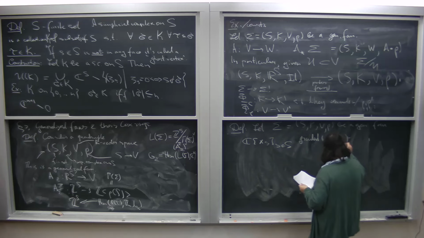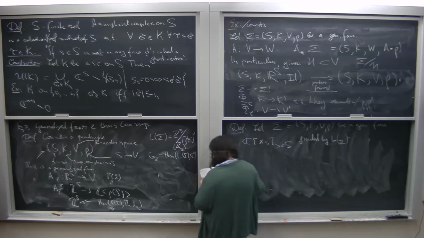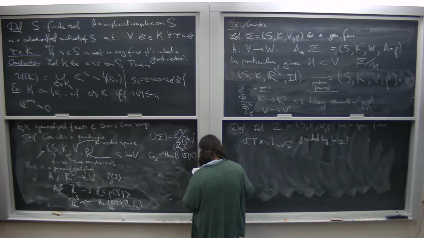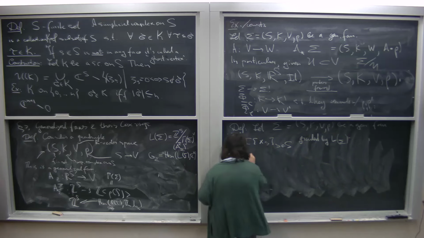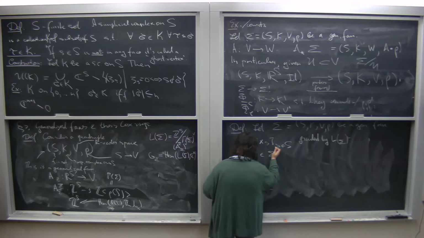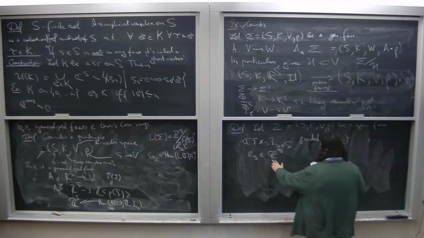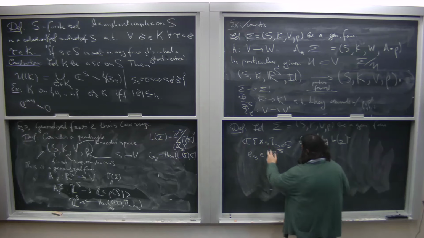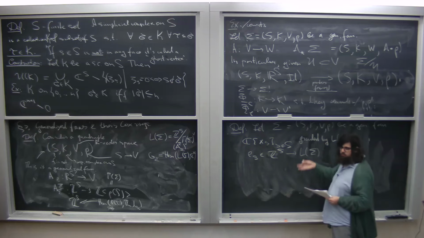And of course, if you have a basis vector here, which corresponds to a variable, to determine the grading of the variable, you just project it to L of sigma, and you have the grading.